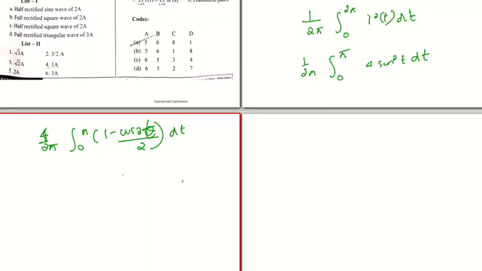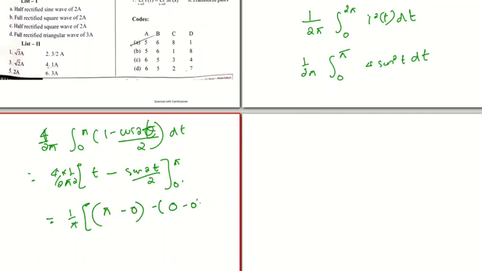Integrating, we get 4 by 2 pi, and taking 1 by 2 outside, it is t minus sine 2t divided by 2, from 0 to pi. So it will be 1 by pi into (pi minus 0) minus (0 minus 0). So it will be 1. So the first answer, half wave rectified sine wave, we get 4, that is A is 4.